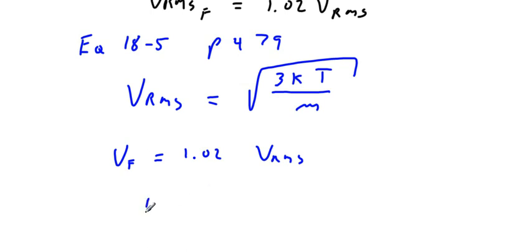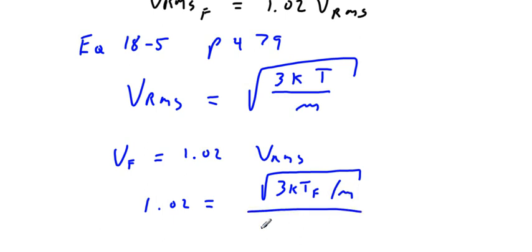So 1.02 is going to equal the square root of 3kT final divided by m, divided by the square root of 3kT initial divided by m. And the k's go away, the 3 goes away, the m goes away.